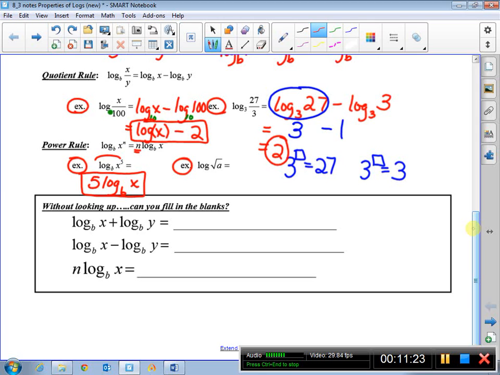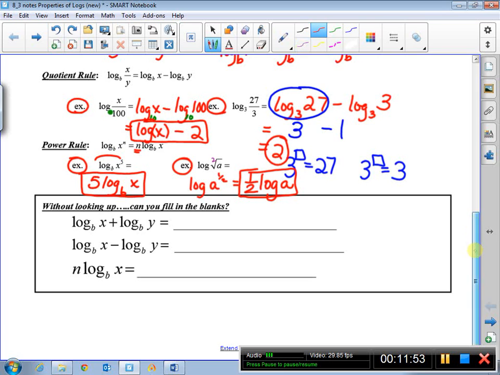So the big question is, what is the index of this root? Automatically a square root. So log base 10 square root of a would be the same as log of a to the 1/2 power. And now we can swing that 1/2 out front. 1/2 log a.